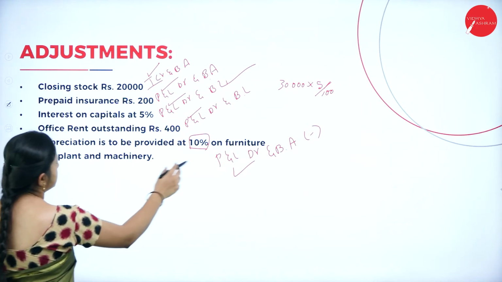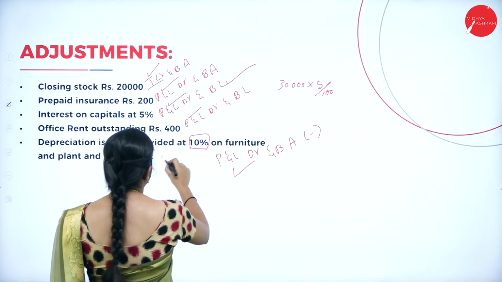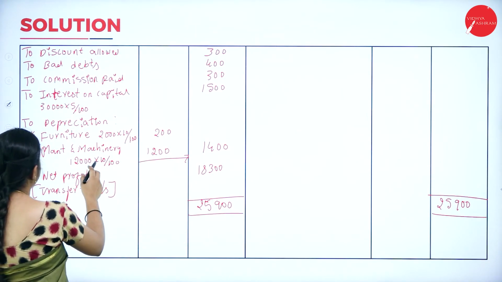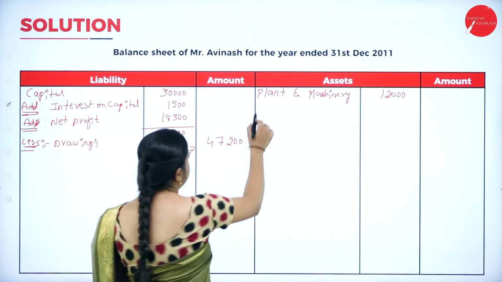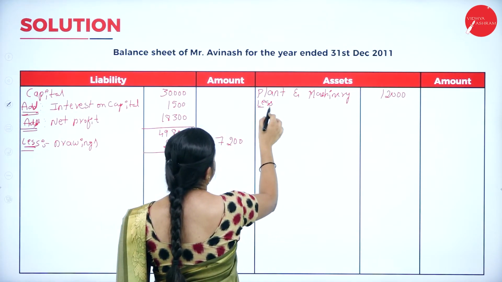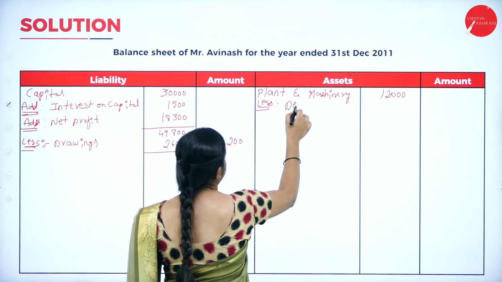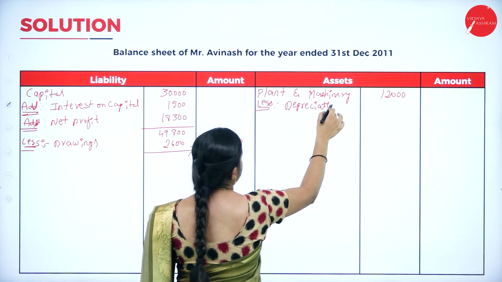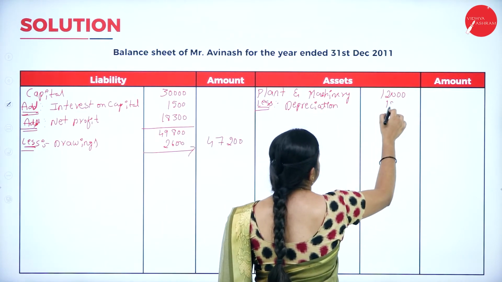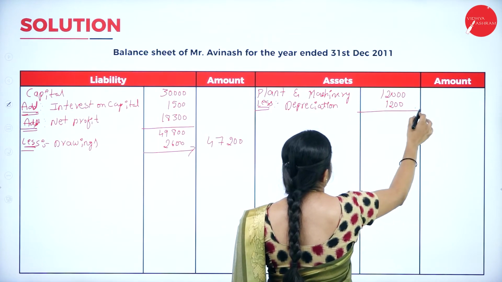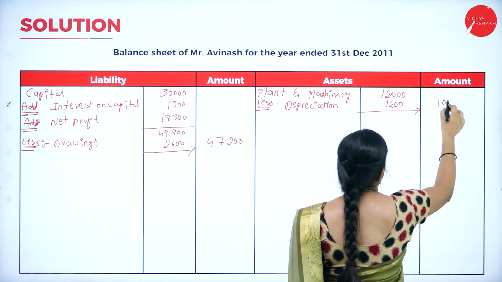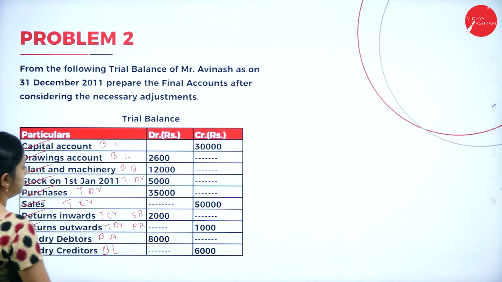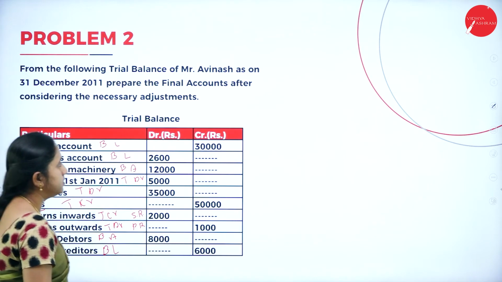Again, depreciation at 10% on plant and machinery is 1,200. Less depreciation 1,200. 10,800. Next, debtors. Debtors 8,000.